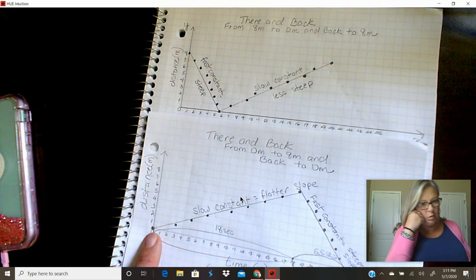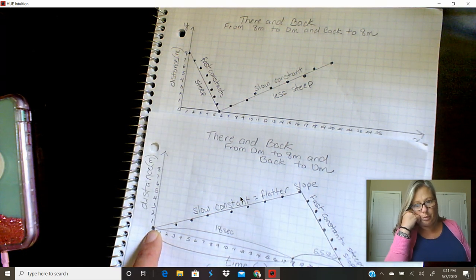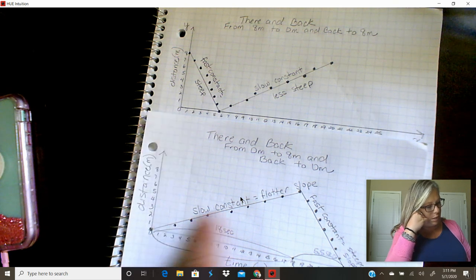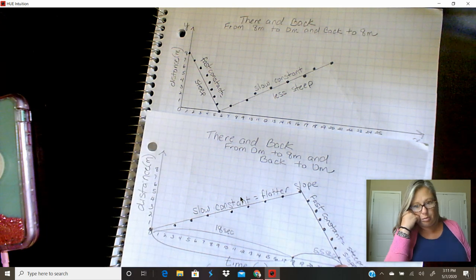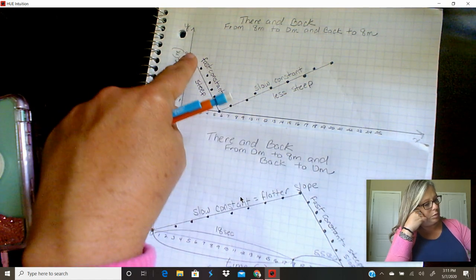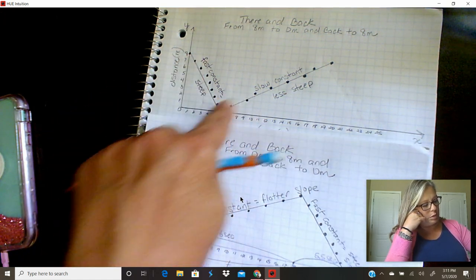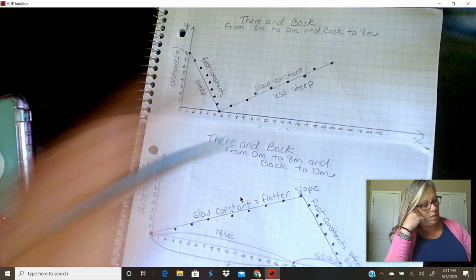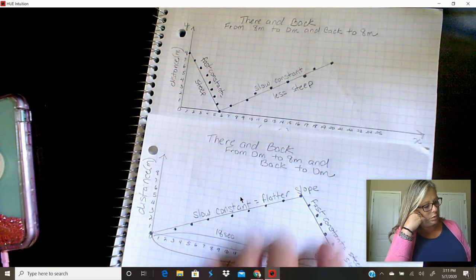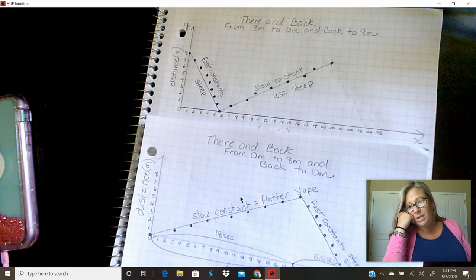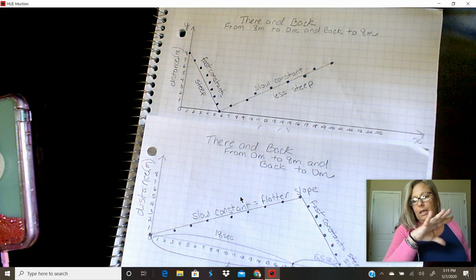When you're heading from the home point or the 0 point, then you make like the top of a tent or the top of a house when you return. If you start away from home, come back to home, and then go back out, then you make a V.